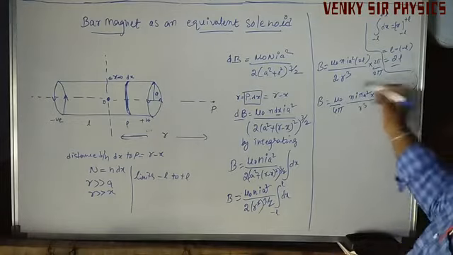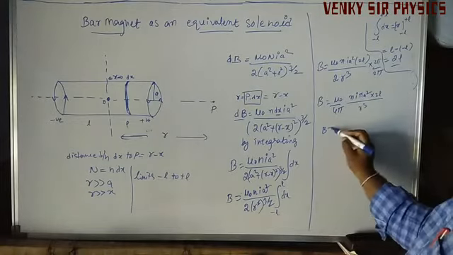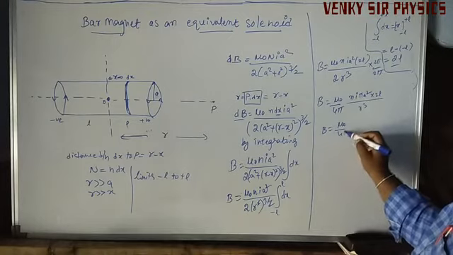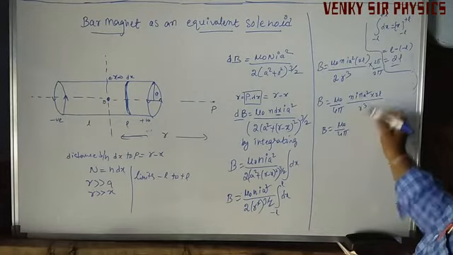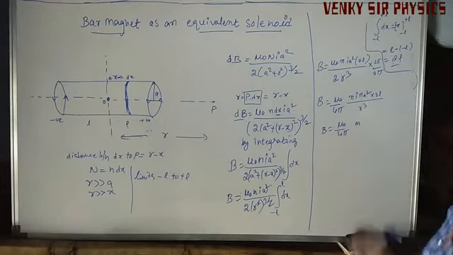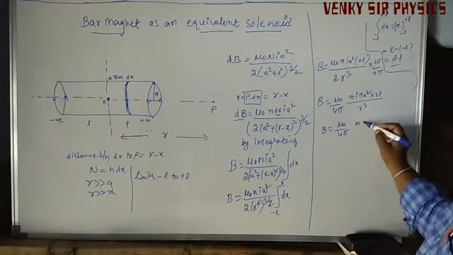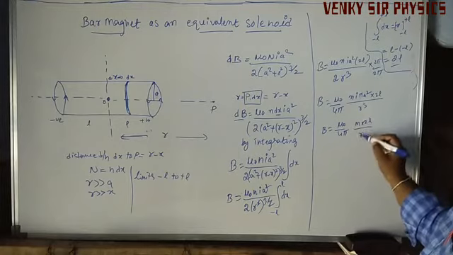So this we can write as B is equal to mu naught by 4 pi, n into I into pi a square, which we can write as small m, the magnetic pole strength, into 2L divided by r cubed.